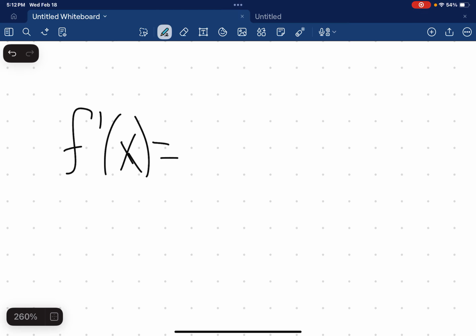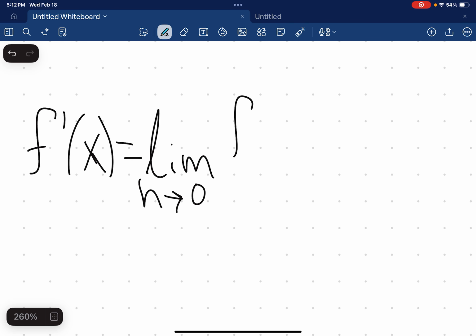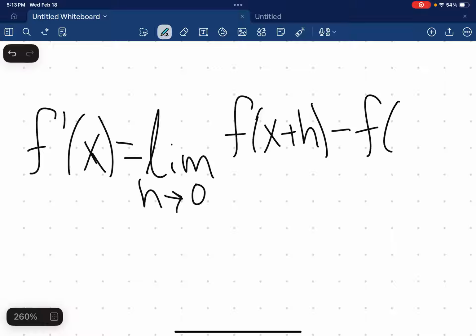the derivative of the function is going to be equal to the limit as h approaches 0 of f of x plus h minus f of x over h.